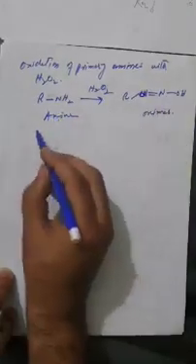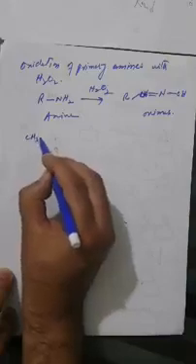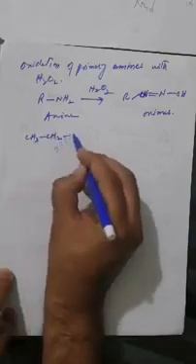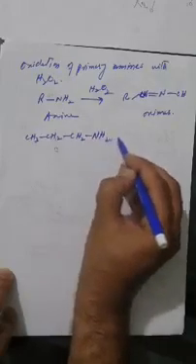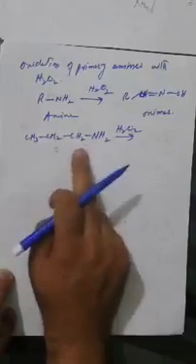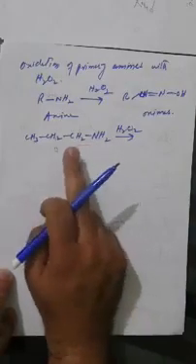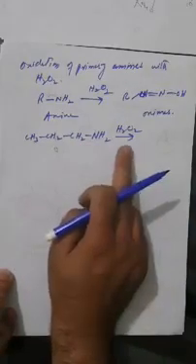So in that case, when it is reacted with hydrogen peroxide, then oximes are formed. I'm writing here a particular example for your better understanding. This is propylamine. So propylamine, upon oxidation with hydrogen peroxide, changes into oxime.